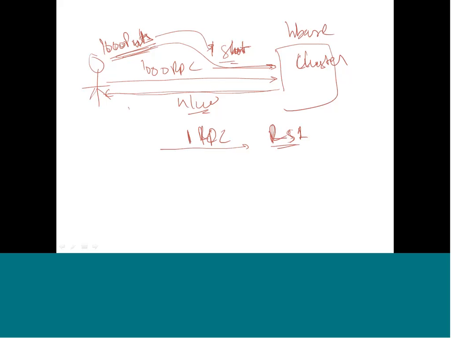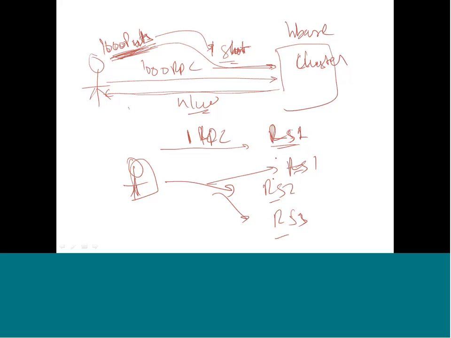Yes. Because the client is independently talking to individual region servers, right? You don't know whether all these 1,000 will go here, or some of them will go here, some of them will go here. You don't know that. So there is the concept of batch, which definitely is going to reduce it from 1,000 RPCs, but it will not be one shot.